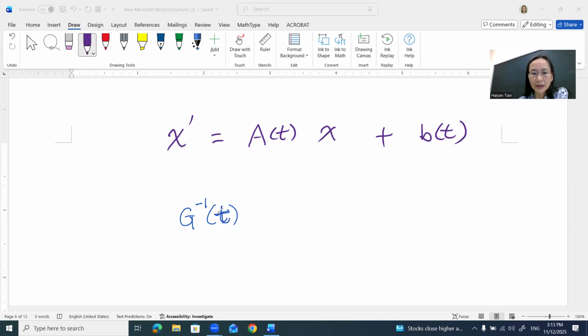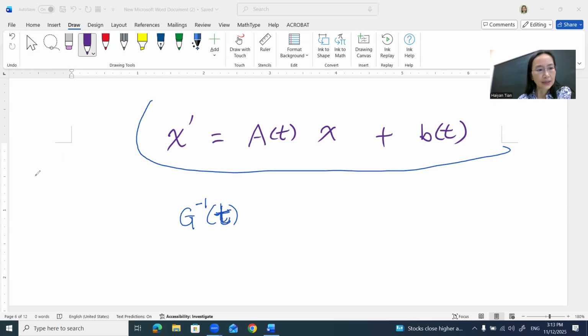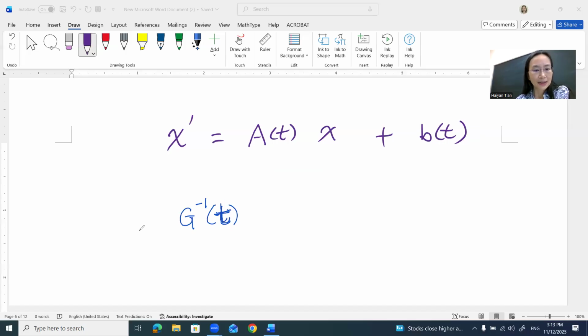The inverse of the fundamental matrix exists for all t where the solution of this problem is defined. And then we multiply both sides by this. It's very much like an integrating factors approach. So we multiply both sides of the equation by the inverse of the fundamental matrix.